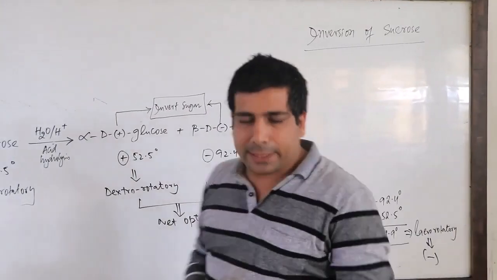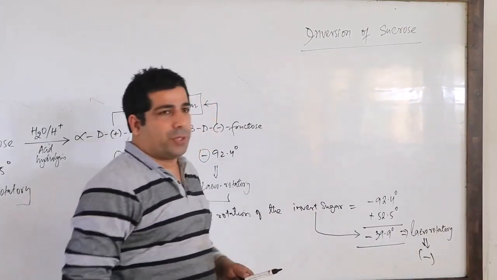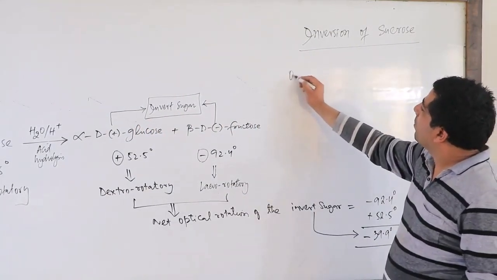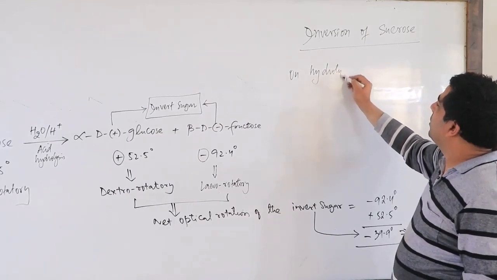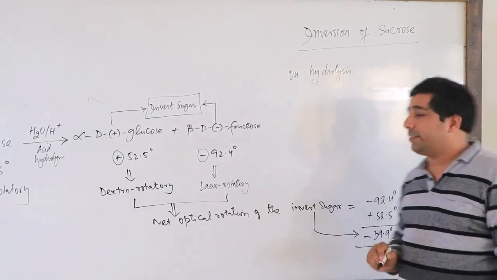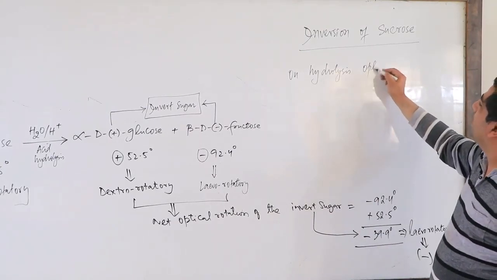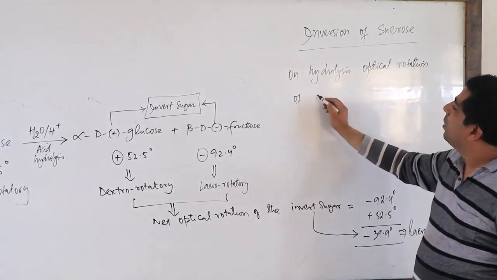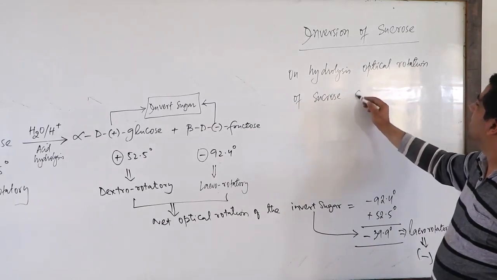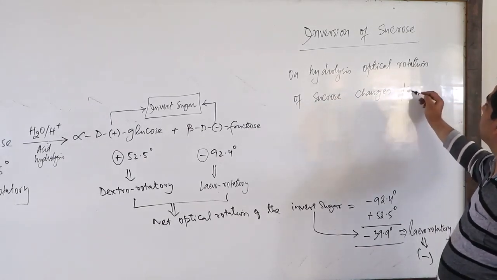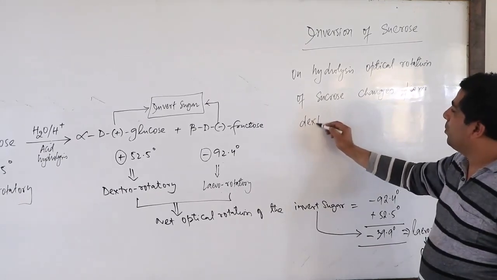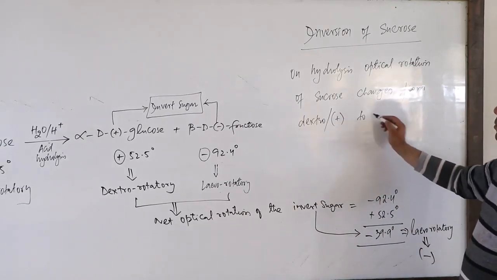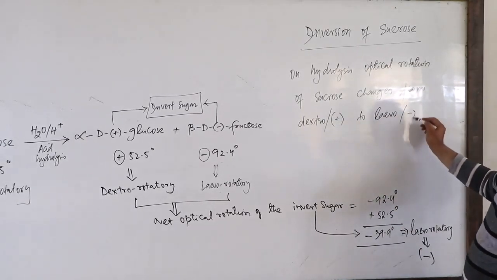So my dear friends, let's explain this term here now, inversion of sucrose. What is the meaning of that? On hydrolysis, everybody knows this is acid hydrolysis, the optical rotation of the sucrose molecule changes from dextro, that is plus, to levo, which is minus.